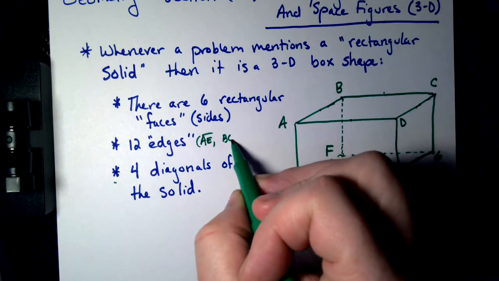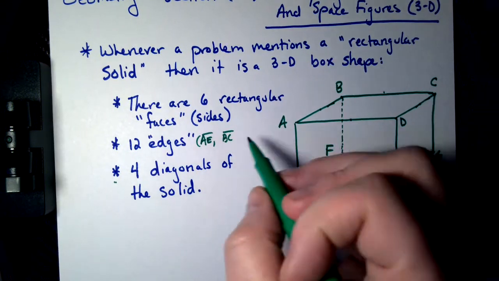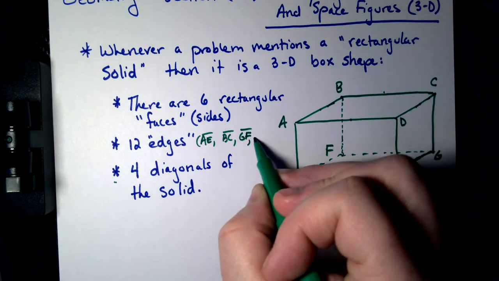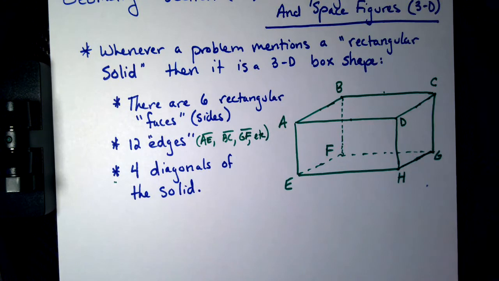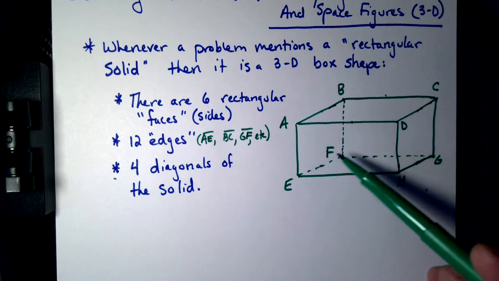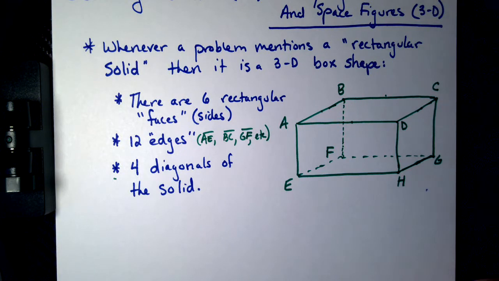BC is an edge, that segment. Even the ones that are in the back, like GF. GF is an edge. There's 12 of them total. Left, right, up, down, everything in solid green, even the dotted green. Those are the edges of the box.